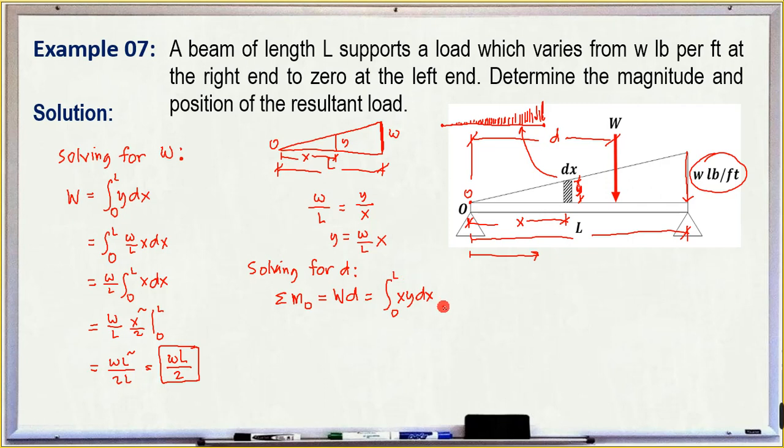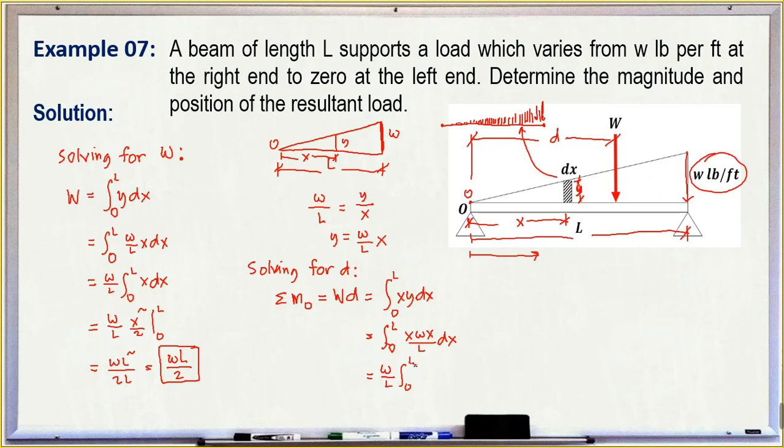So remember we have the relation for y. So i-substitute lang 0 to L, we have x W over L x dx. So ipagawas lang ang mga constant, W over L, constant na siya.